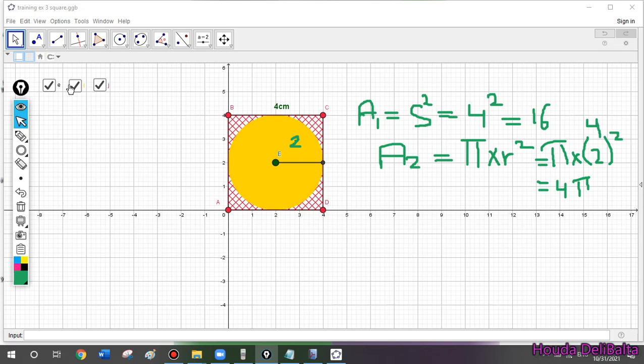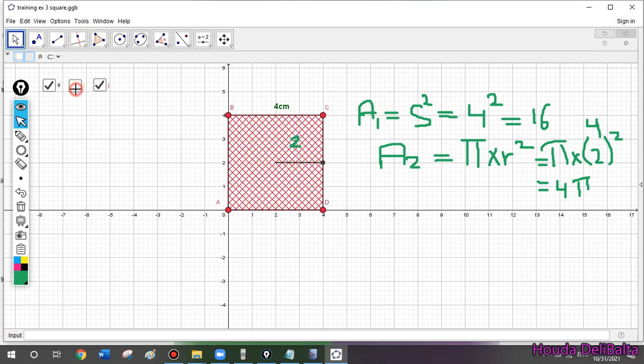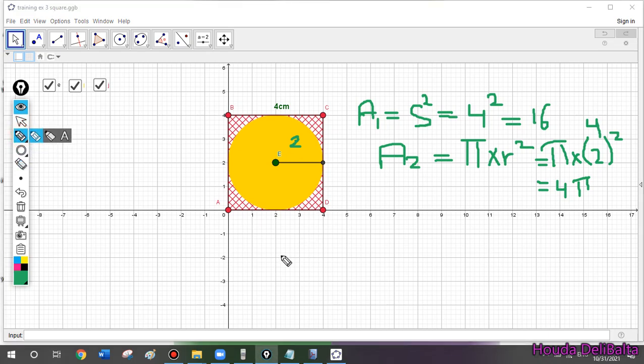Because if you notice, if we draw the circle, then what remains shaded with red, the sum of these shaded regions, is just the area of the square minus the area of the circle.